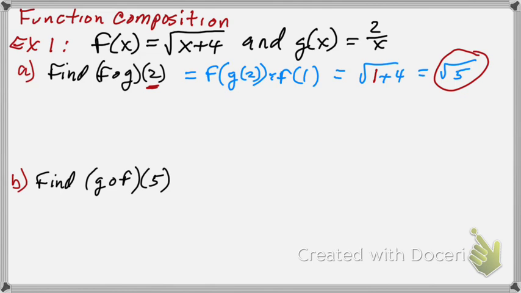Let's turn it around. Now I'm getting g of f of 5. So they're wanting us to evaluate this composite function when I'm sending 5 in as my first input.